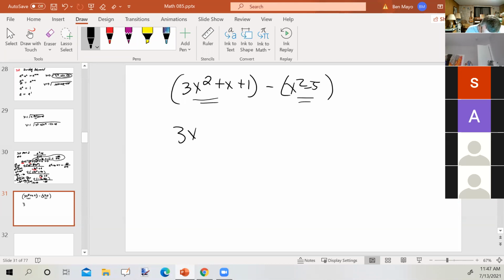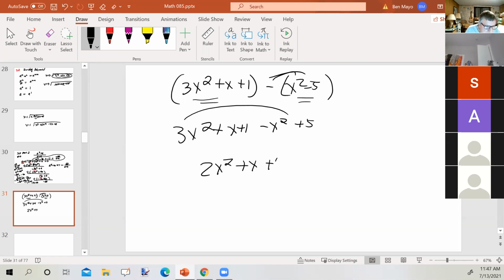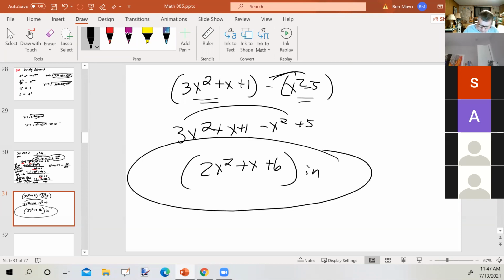So that's 3x squared plus x plus 1 minus x squared minus 5. Minus times minus is plus 5, which is what? 2x squared plus x plus 6. And then the inches are the units. Okay. Does that make sense? Yes, thank you. All righty.